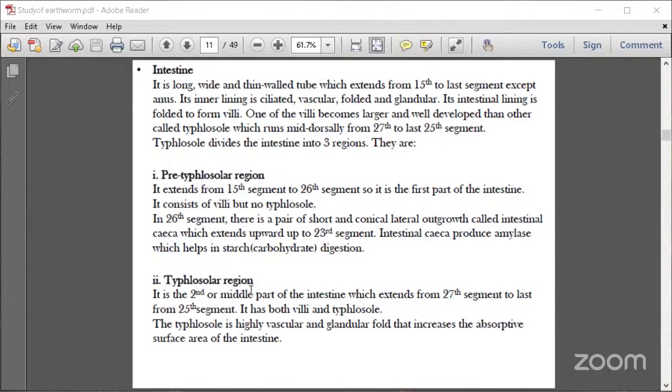Its inner lining is ciliated and vesicular, folded and granular. Its intestinal lining is folded to form villi. One of the villi becomes larger and better developed than the others, called typhlosole, which runs mid-dorsally from the 27th segment to the 25th segment.